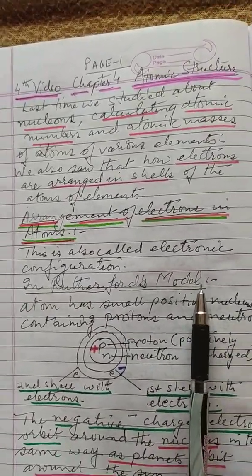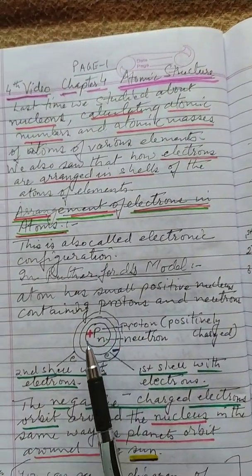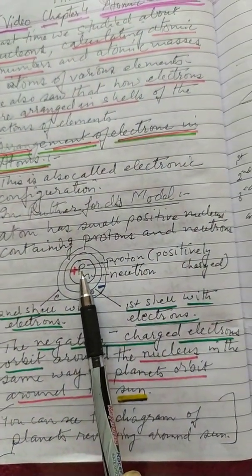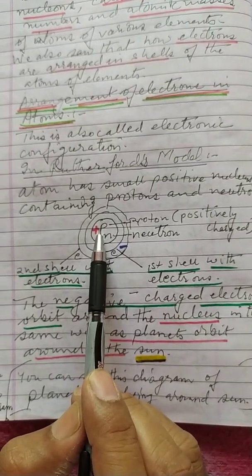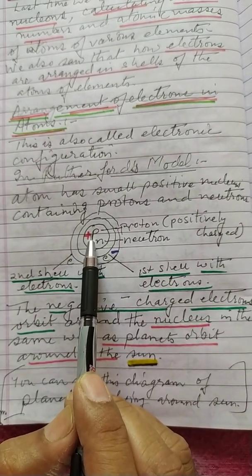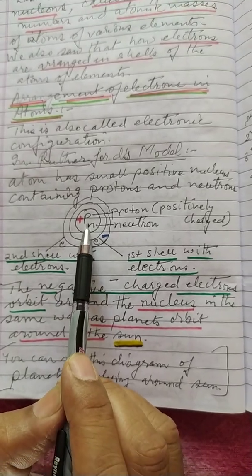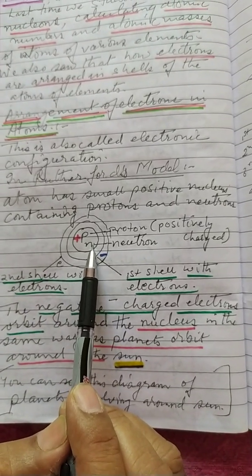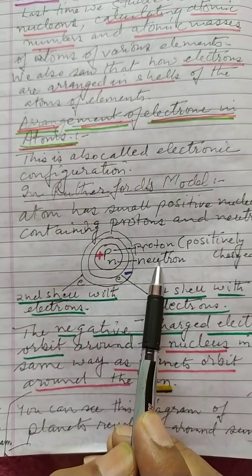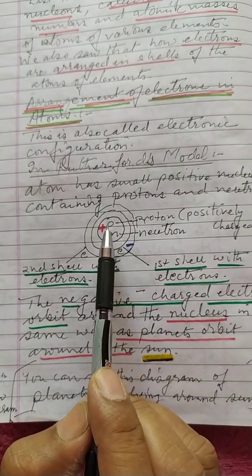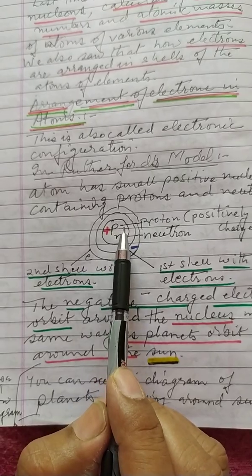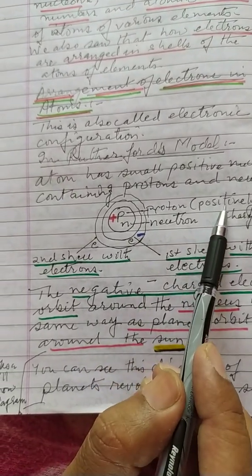He gave a model of an atom, and what Rutherford said was that the protons are in the nucleus, which is positively charged, and the neutrons are also there in the nucleus. But neutrons, as you remember from the last videos, carry no charge, while protons carry a positive charge.